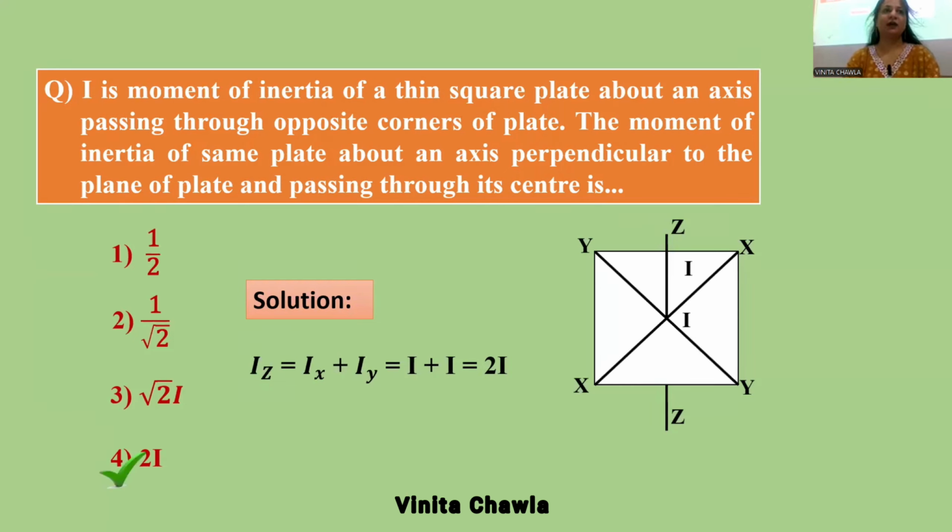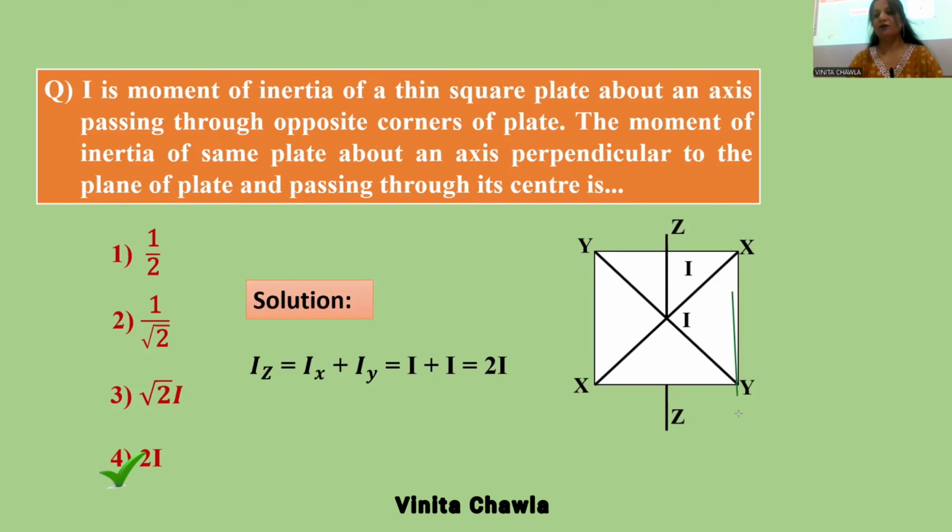Now let's add one more question. Find the moment of inertia about an axis passing through this vertex and perpendicular to the plane, then how will you find it? Let's add this.